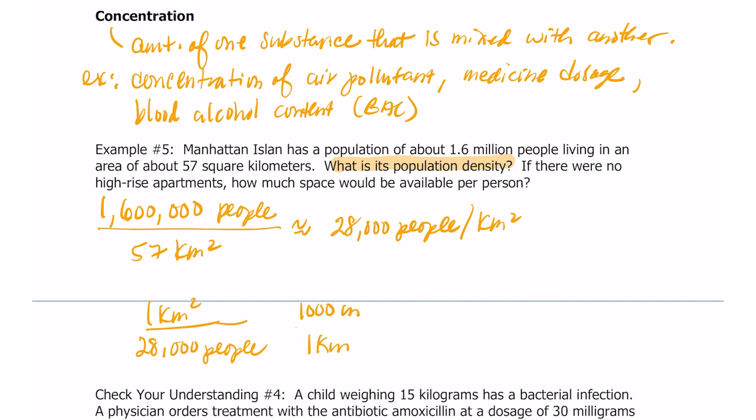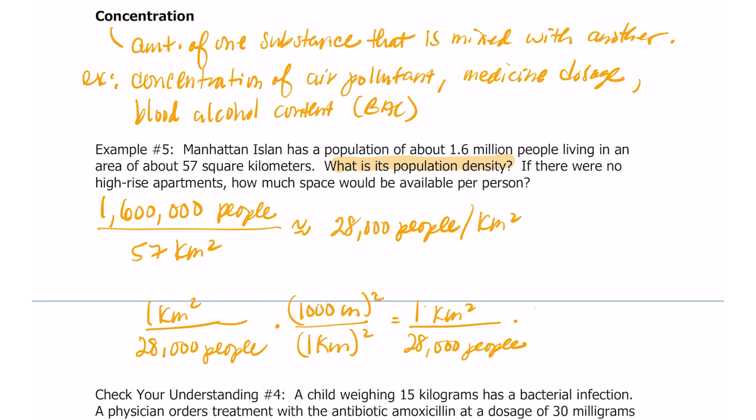The problem is I've got square kilometers, but it's really not a problem. It's no big deal because we learned that if we want to convert square kilometers, you just square everything. So now we're just going to square everything. So now what I really have is 1 square kilometer per 28,000 people.